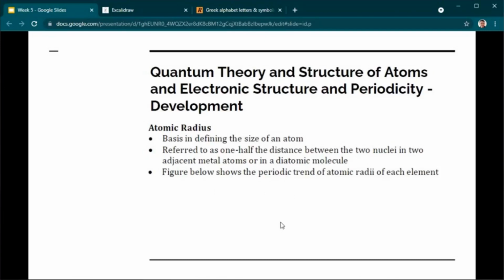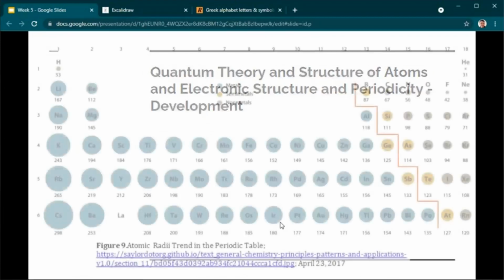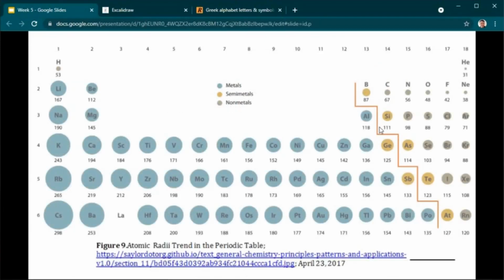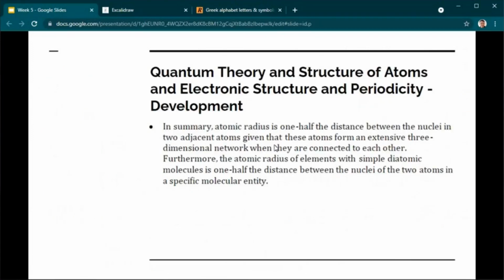Radius, in a circle, is from the center to the outermost part. As you can see, the trend here is that from top to bottom, the atomic radii increase. From right to left, atomic radii increase. So that is the trend in the periodic table: top to bottom, right to left.